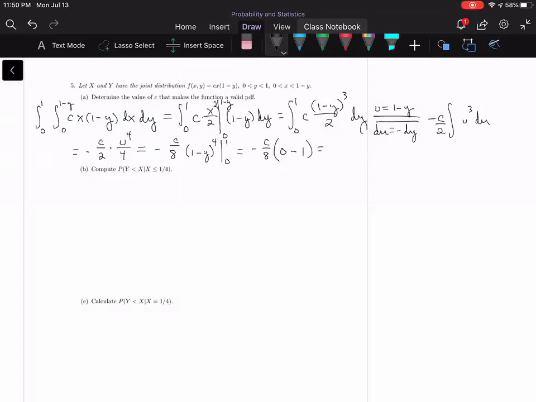So that's going to be negative 1, which gives us c over 8. And like I said at the start, this has to equal 1 for it to be a valid distribution, which means that c equals 8. Which satisfies the first criterion, which was when I recognized that c has to be positive. And now it is.